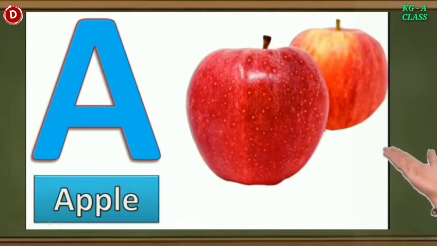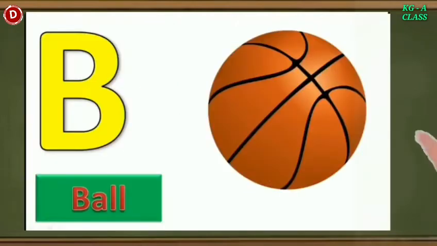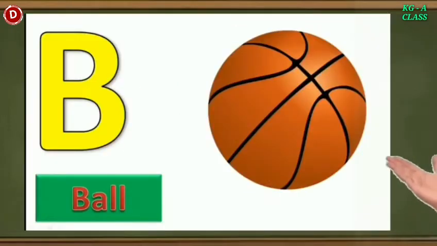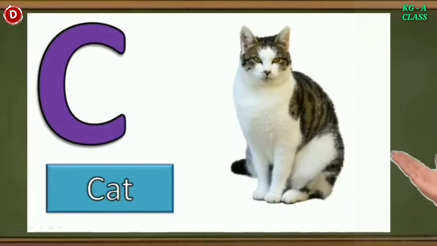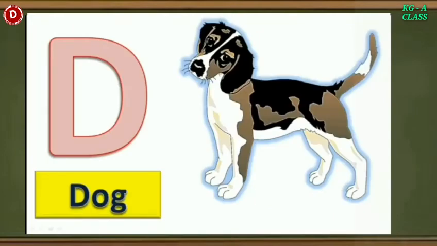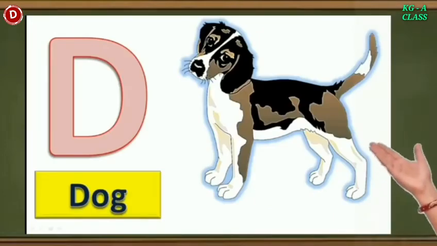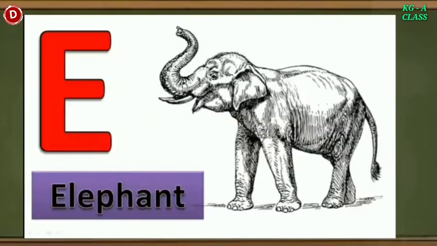Now comes B. B for ball. Now comes C. C for cat. Meow. The next letter is D. This is capital D and D for dog. Now comes E, children.